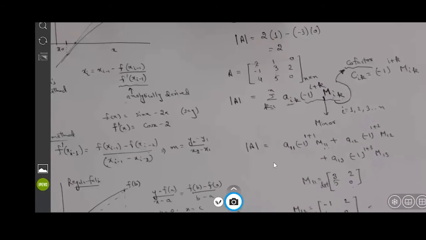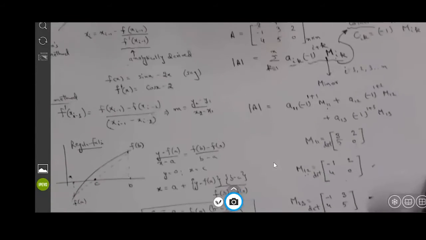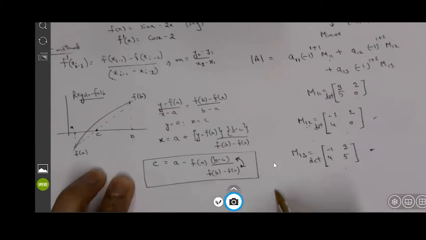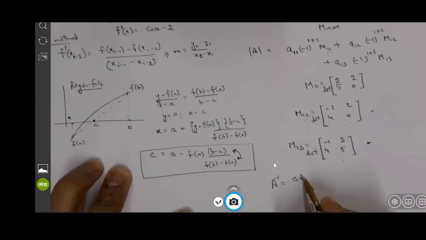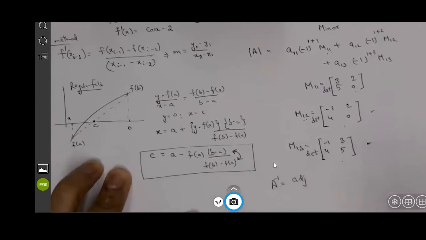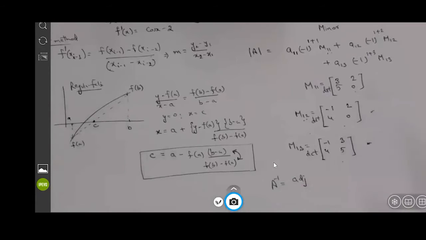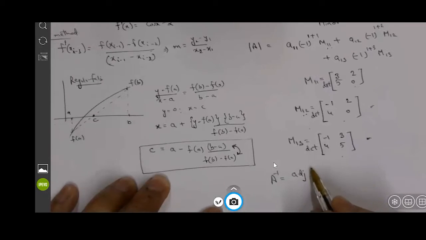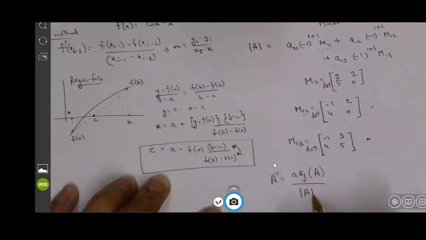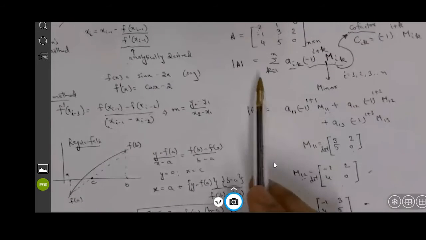You said it was important for finding the inverse, right? Finding the inverse. So if I have to find the inverse of the matrix, there are several ways. One of the ways that we have learned in our basic maths classes is you use the adjoint of a matrix and divide it by the determinant of the matrix. So A inverse is adjoint of A divided by determinant of A. Determinant of A, you know how to find.